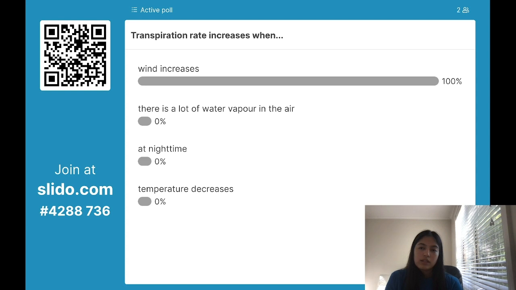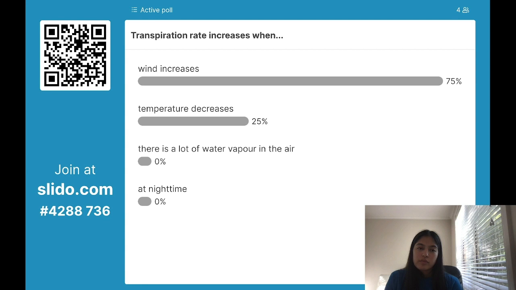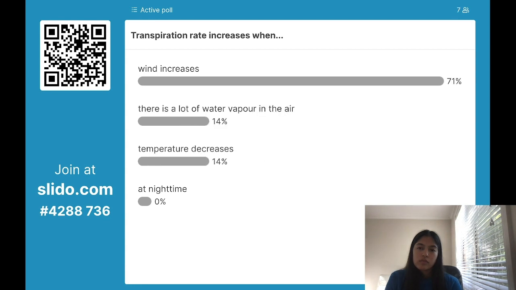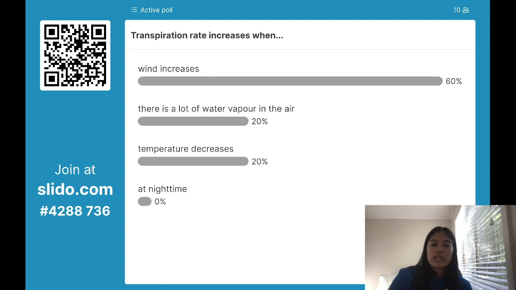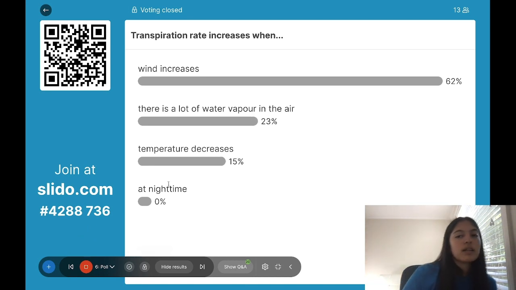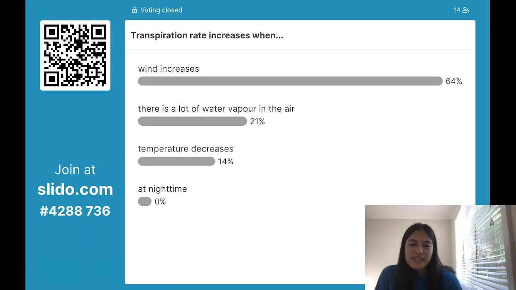Yeah, looking good. Yeah, perfect. So essentially it is when our wind increases. So I'll lock that one here. Again, sorry if you're not getting time in, hopefully it's enough time.